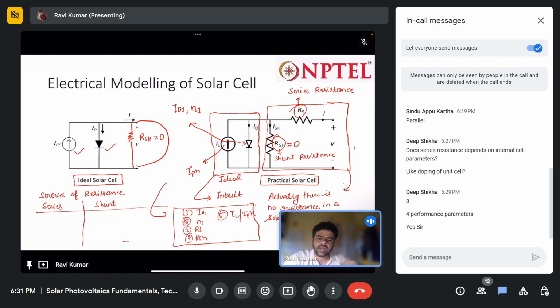Why are we talking about the parameters of a solar cell? Just think a bit and let me know. What is the importance of these parameters?